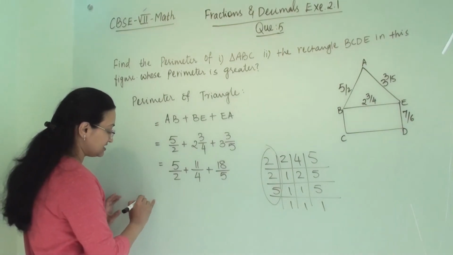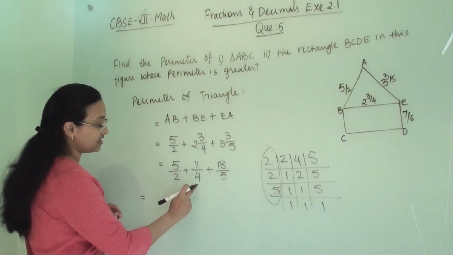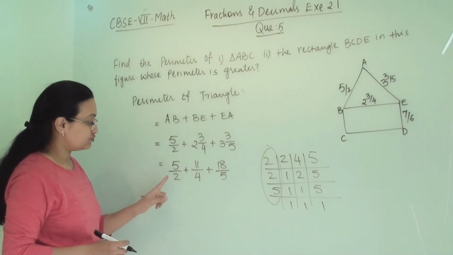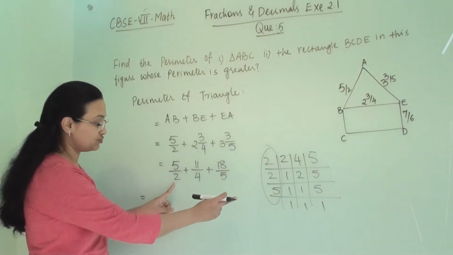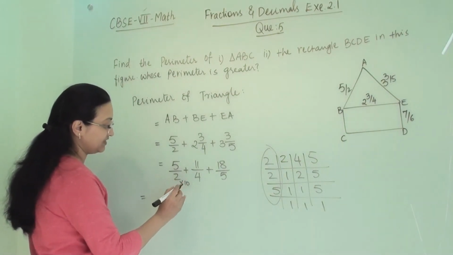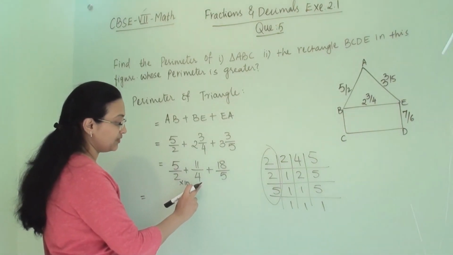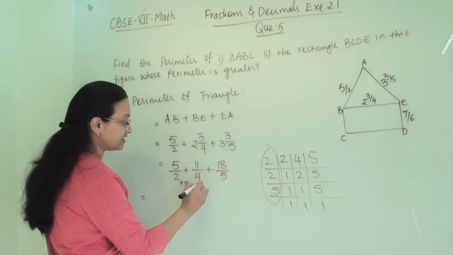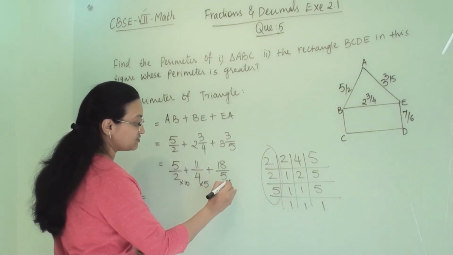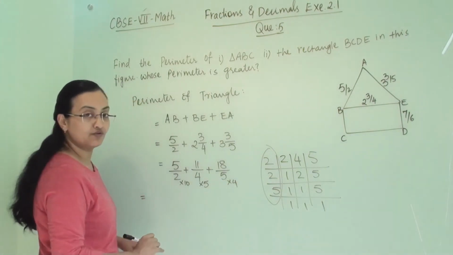So here let us change these denominators into 20. So the first fraction is 5 by 2. So 2 we have to convert it into 20. So we have to multiply this with 10. Here 4 is there. When we want to convert this into 20, we have to multiply with 5. This 5 is there, so here we have to multiply with 4.